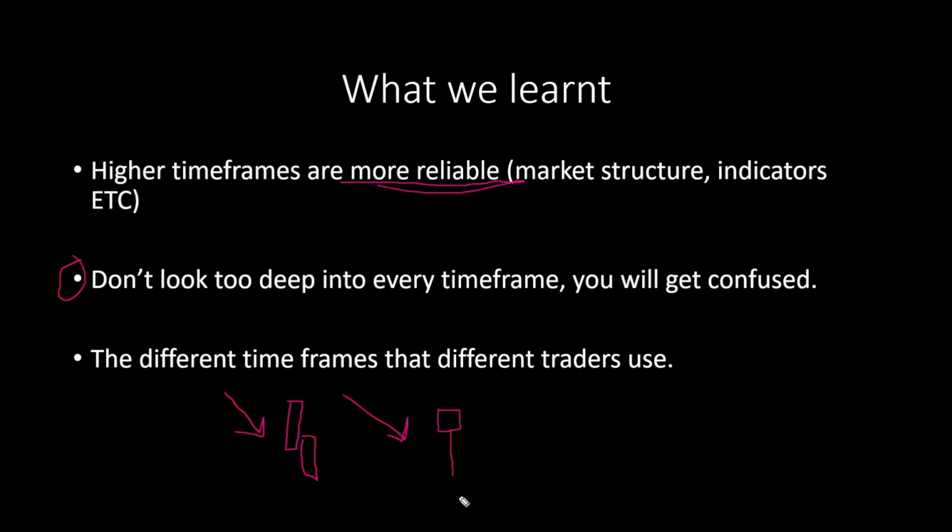Now, you get scared, you exit your position early, so you take less profit if you were in a short, and by the time this 4-hour candle actually closes, it looks like this. So you scared yourself by looking at a different time frame where your trade would have worked out, and you would have made more money if you just held it and stuck to your plan.